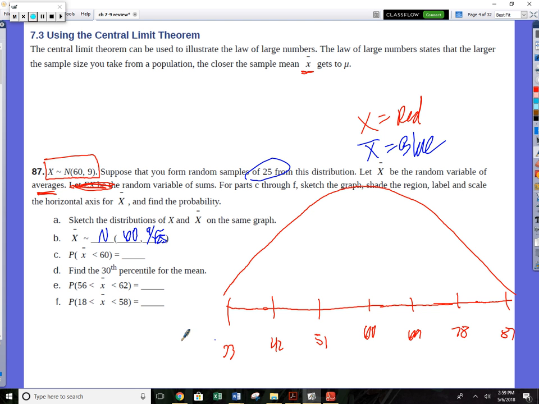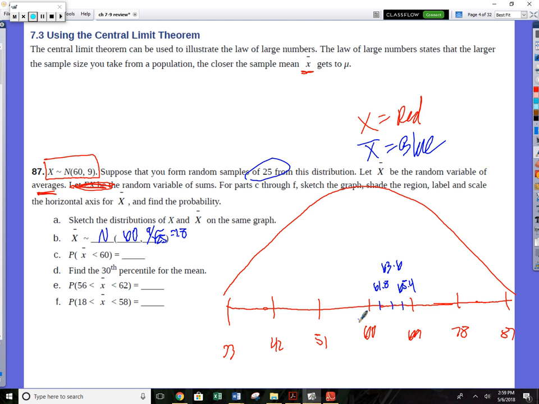Okay, so that means this is 1.8, so I'm going to go above it, 61.8, and if I add 61.8 plus 1.8, that is 63.6, and if I add, it's going to be 65.4.